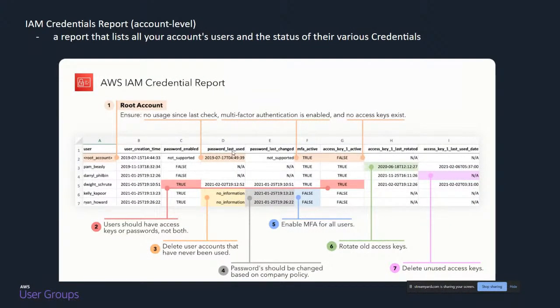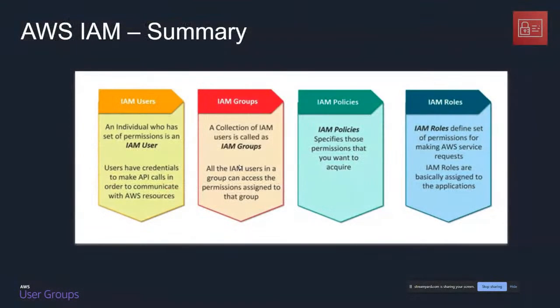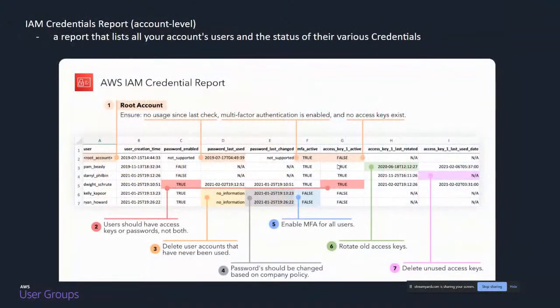And when was the password last used? She has not used the password, right? And if the access keys are active, she has one access key active and it was last rotated on this particular date. So based on your compliance rules and regulations, given a particular date, you can ask your users to rotate old access keys within a month or within 3 months.